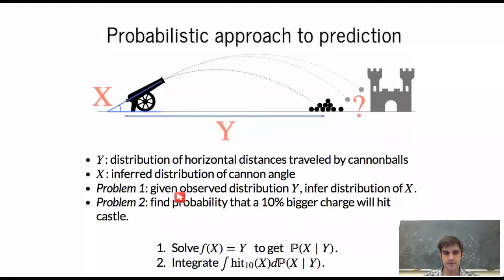The first problem that corresponds to the previous first problem is: given an observed distribution y, if we have a bunch of observations y, what do we know about the possible angles for x? I would argue that this is a more realistic situation for real-world inference, where perhaps we can't measure y precisely, but only approximately. So it makes sense to model y as a distribution. There also might be effects such as wind.